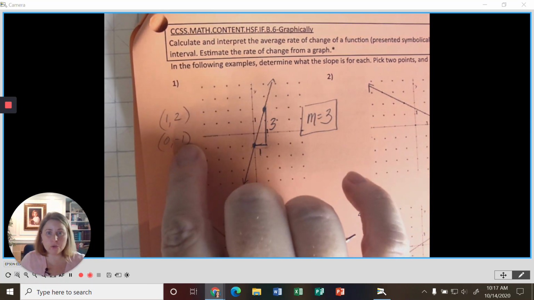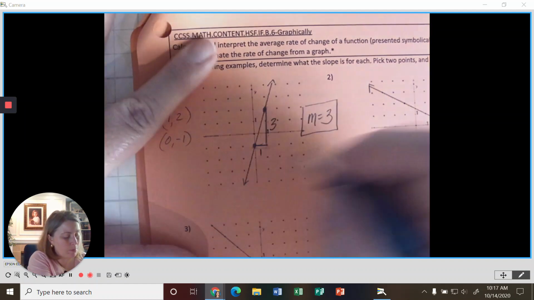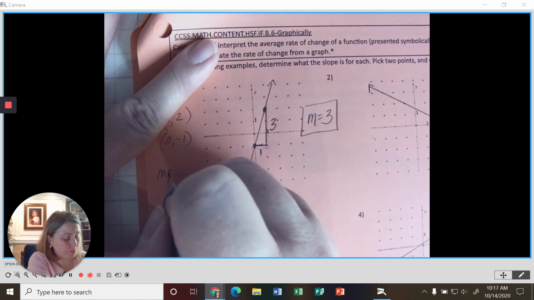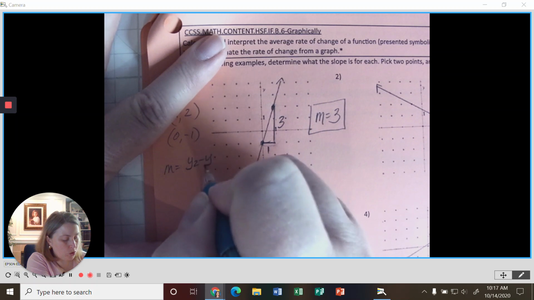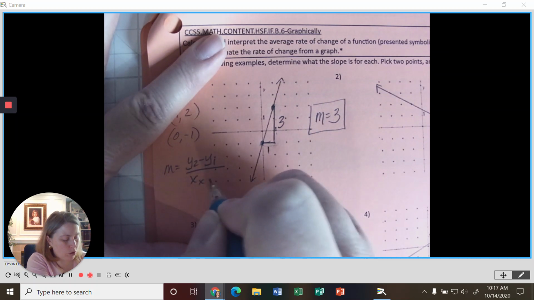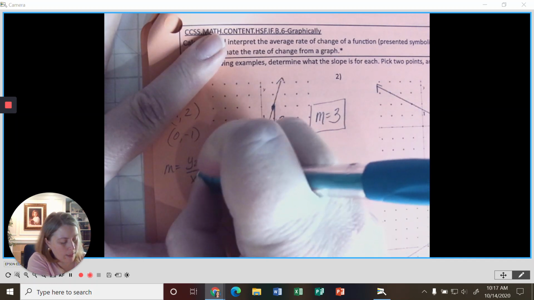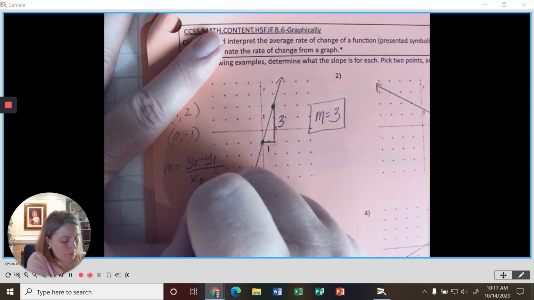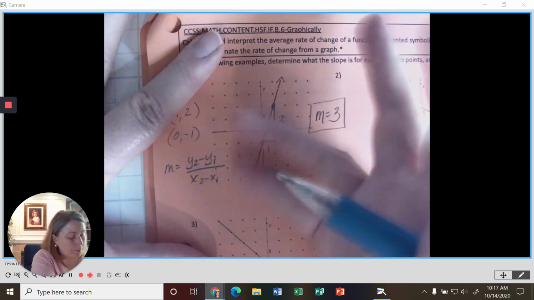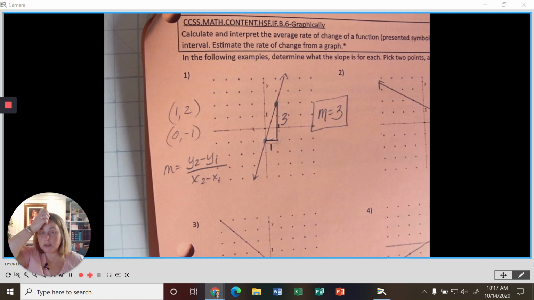Then I can go ahead and do change in y over change in x. So remember that slope formula: y sub 2 minus y sub 1 over x sub 2 minus x sub 1. It is completely arbitrary which point you want to call point 1 and which point you want to call point 2.